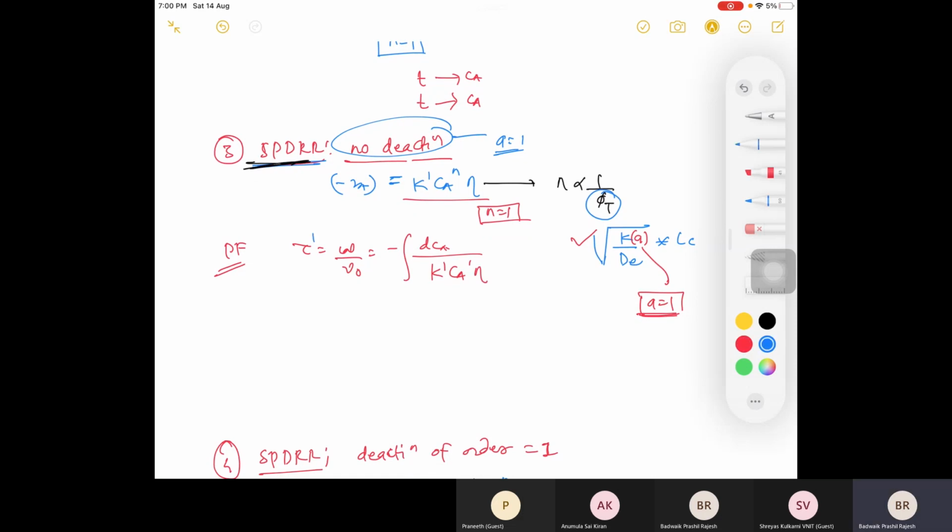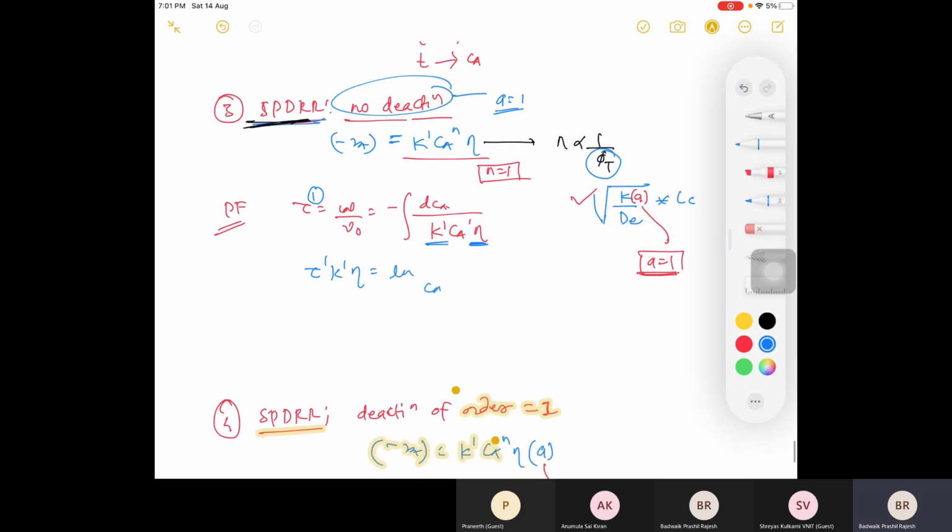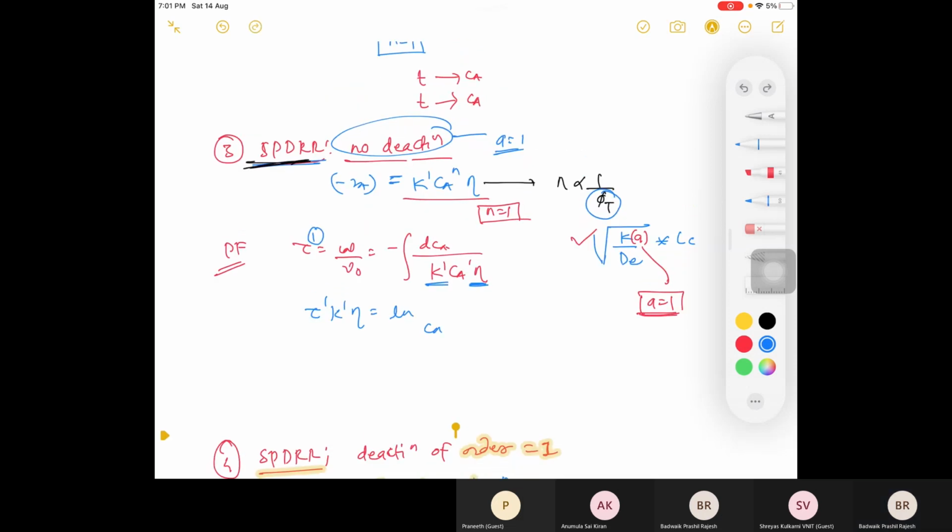Now if you do this, this will be tau dash. So if you integrate, this is out of integration, this is out of integration. So that will be tau dash K dash, and there will be eta is equal to same equation, ln of CA naught divided by CA.